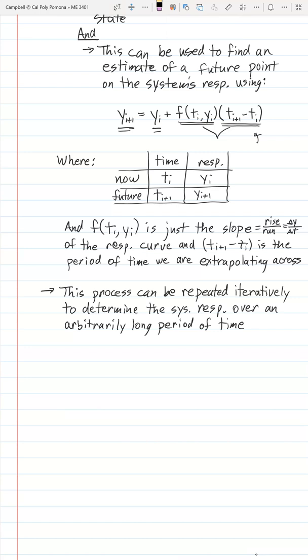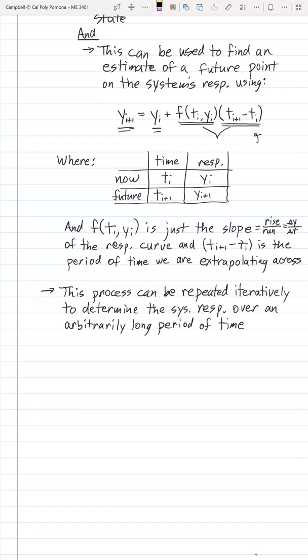Now, of course, and I'll get this in the notes in just a second, clearly the closer we are to a particular known point for the state, the estimate of the response will generally be better.